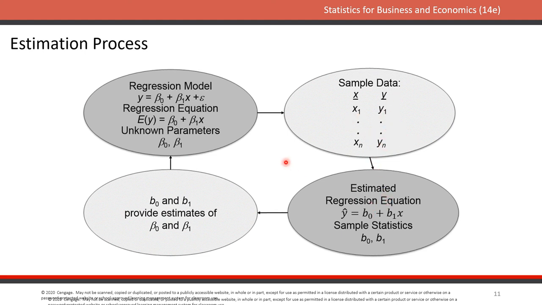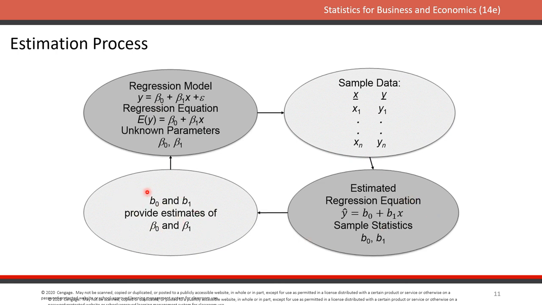I fit my best guesses at these values. My b0 is a guess for beta 0 and b1 is a guess for beta 1. I didn't just make up these guesses. I used the data to calculate these guesses. And through using that data, I'm hopefully getting a pretty good guess, better than I would just make up on my own.